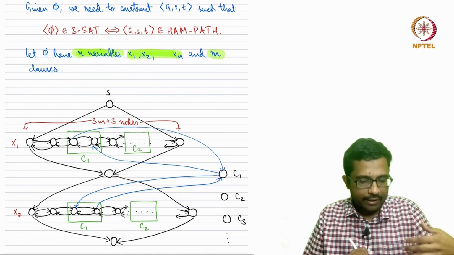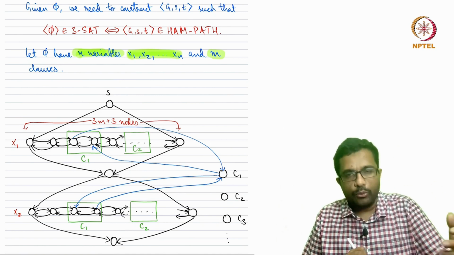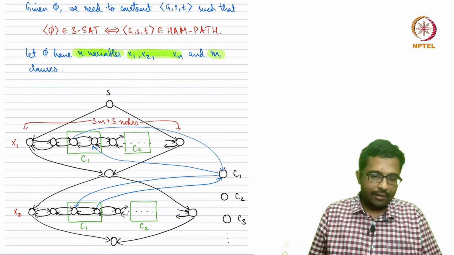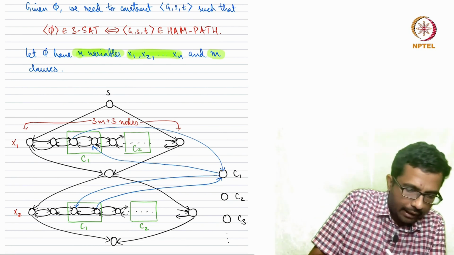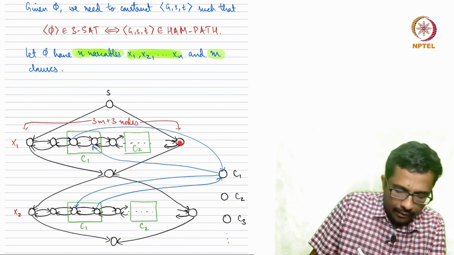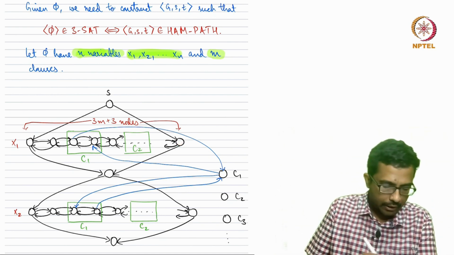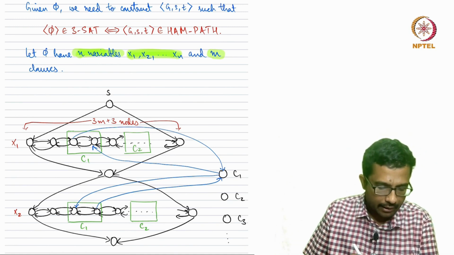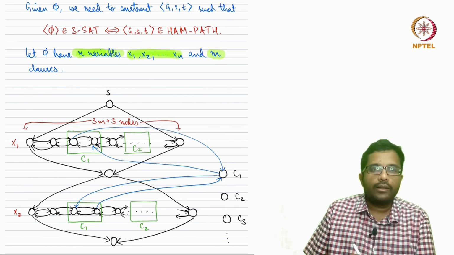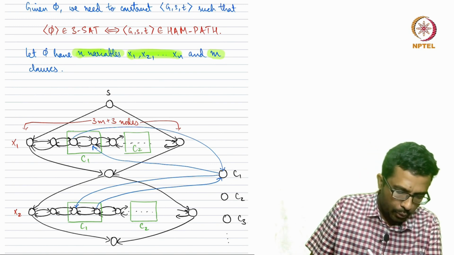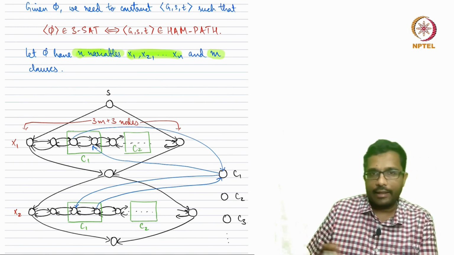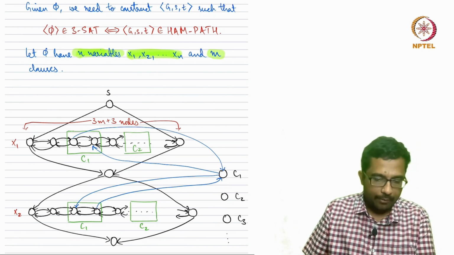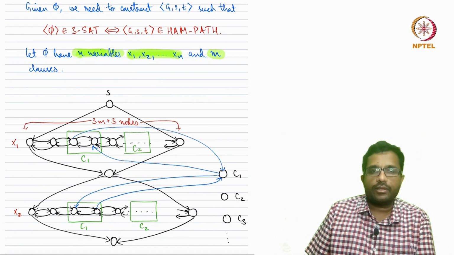And we skip another one, and the next two will correspond to clause C3, and so on up to m clauses, and then we skip another vertex, and the last vertex is the rightmost vertex. So you can check the count and verify that this indeed gives us 3m plus 3 nodes. There will be 2m for the clauses, and at either end the number will be m plus 3, so we get 3m plus 3 nodes.